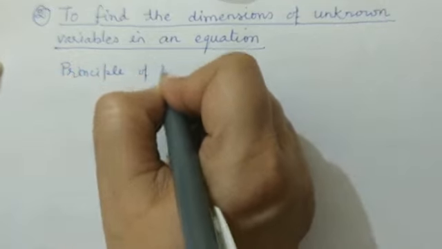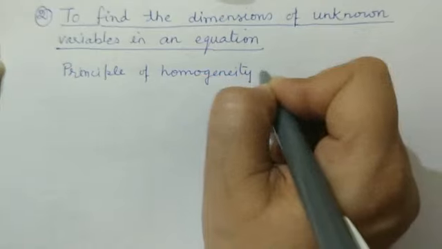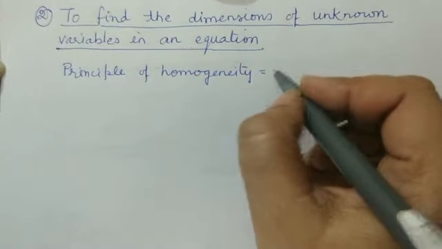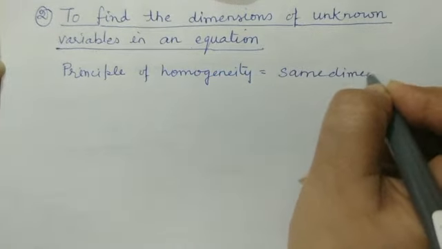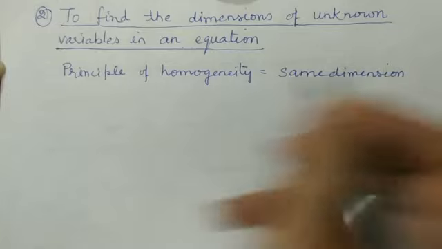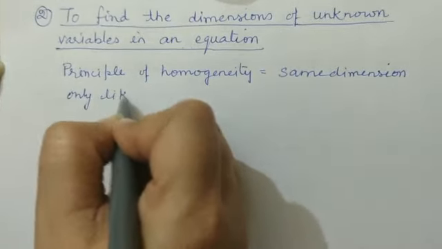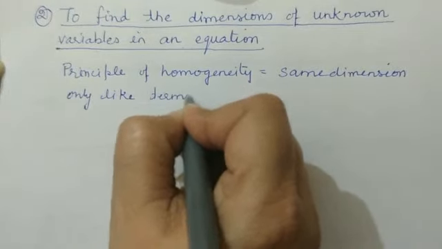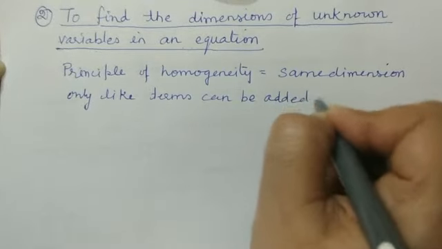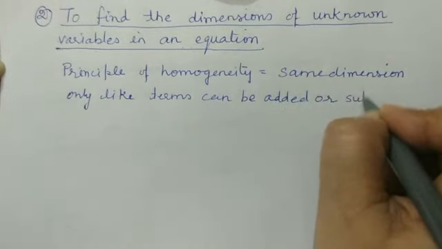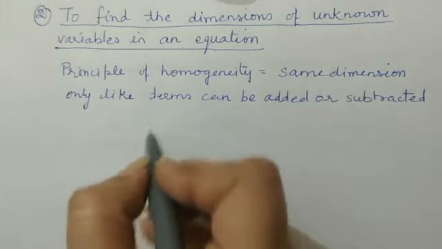The principle of homogeneity is that all the terms which are being added or subtracted should have the same dimensions, and only like terms can be added or subtracted. We'll do this with the help of an example.